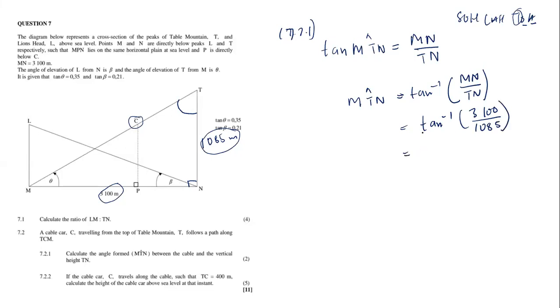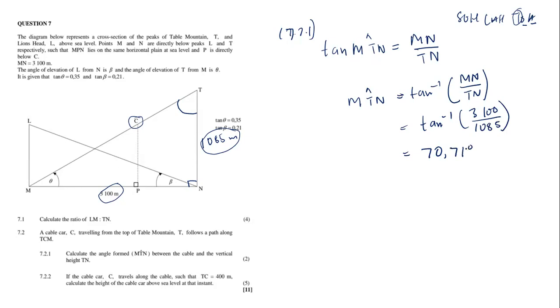Now let us punch this on our calculator, correct to 2 decimal places if that's what we need. Where's my calculator? Okay, there it is. I'm going to press second function, tan, open fraction, 3100 divided by 1085. On my calculator, this angle is 70.71 degrees to 2 decimal places.